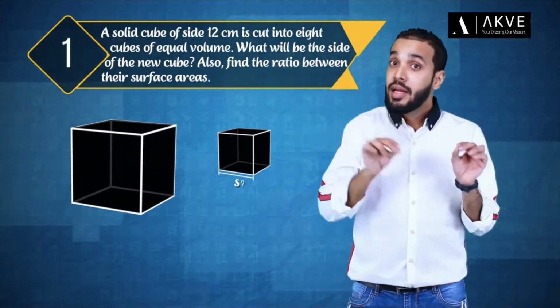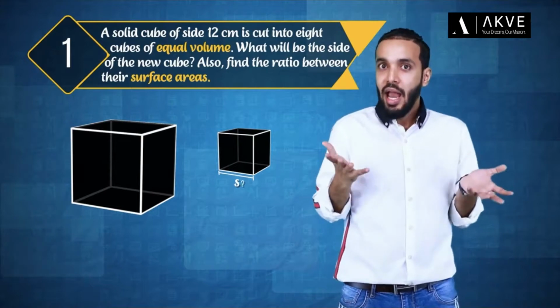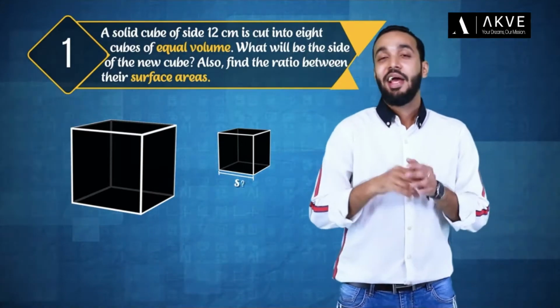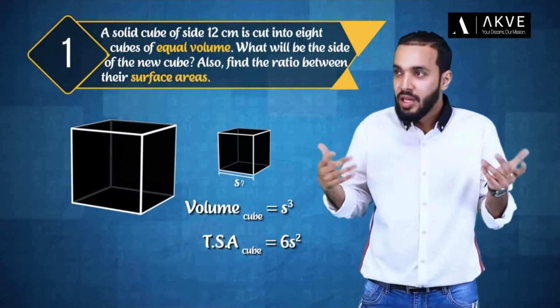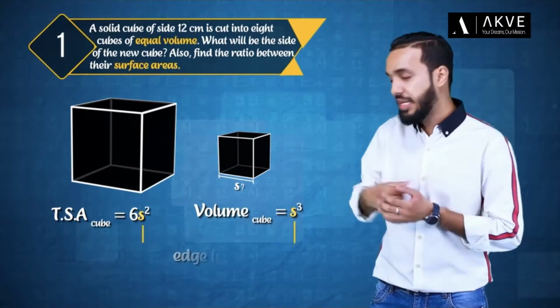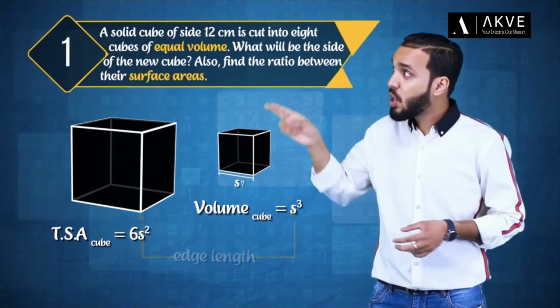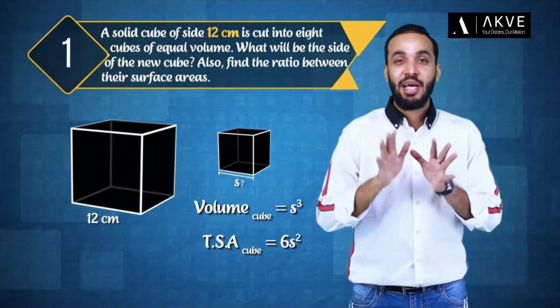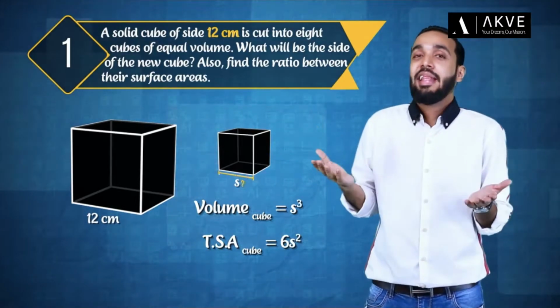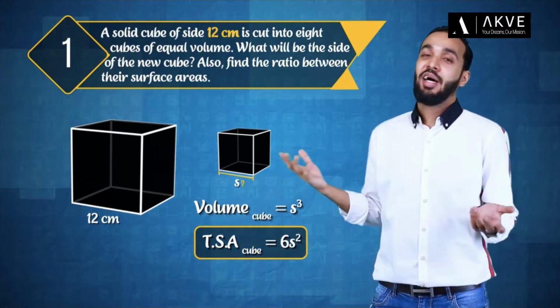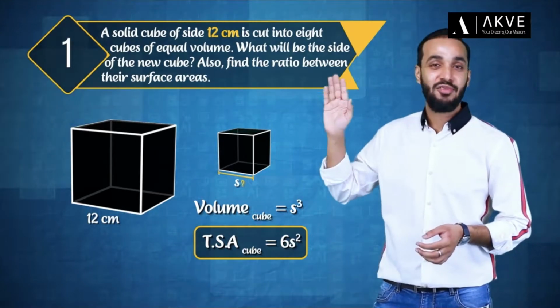This problem deals with the surface area and volume of cubes, right? And we know that to find the surface area and volume of any cube, the only prerequisite is the edge length. Now, the edge length of the big cube is already given, so we just have to find the edge length of the small cube and then use it in the formula to find its total surface area.